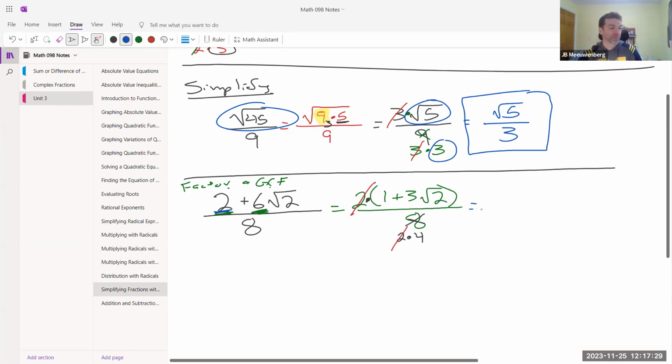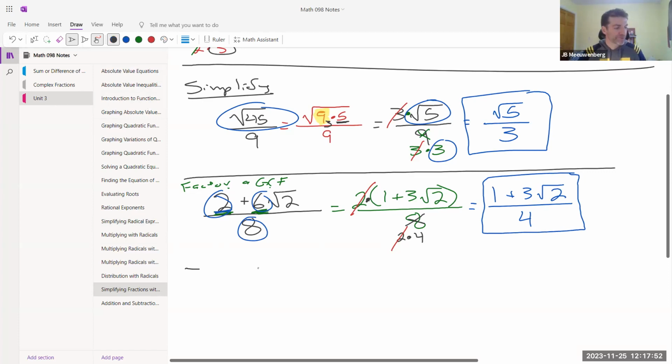What are we left with? 1 plus 3 radical 2 on top over 4. This is our simplified fraction. Notice how we basically canceled a 2 from the bottom with a 2 from both of those terms. That's how we get here.